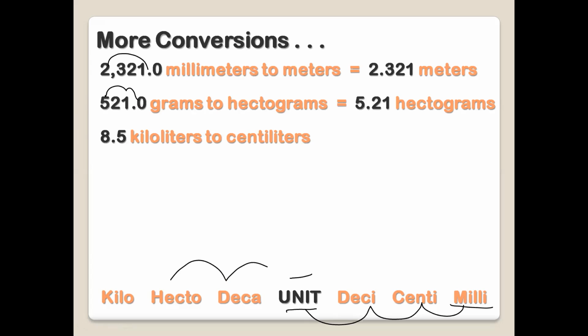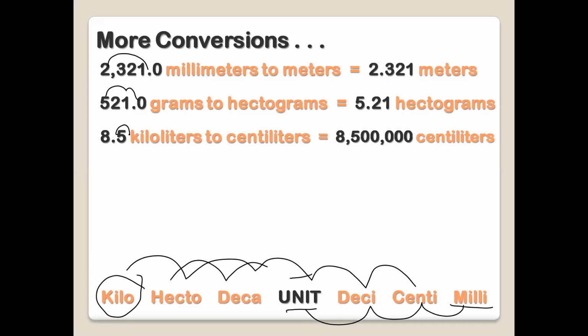Or if you want to convert 8.5 kiloliters to centiliters, kilo is your unit, you want to convert it into centi. 1, 2, 3, 4, 5. So you should shift the decimal point 5 times towards the left. When you shift 1 time, there is no other digit present, which means add 4 zeros. So your result will be this.